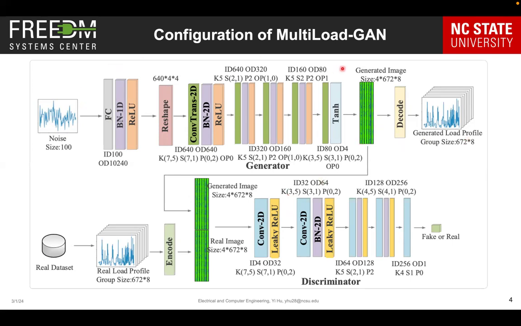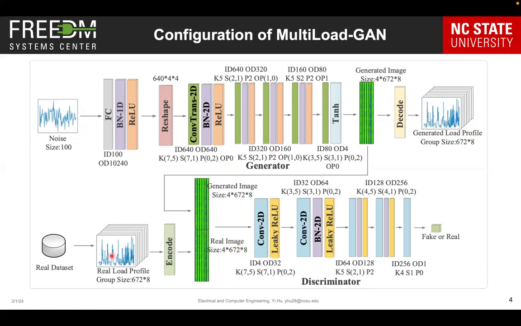To be more technical, in our case, we take random noise as the input of the generator, and the output is not directly the node profile group. We directly generate an image, and then we decode it to the node profile group.